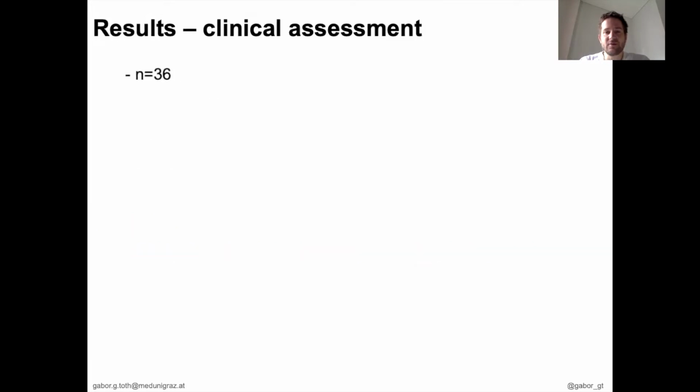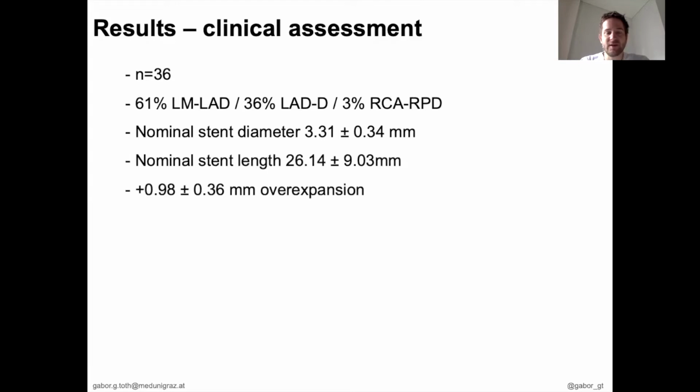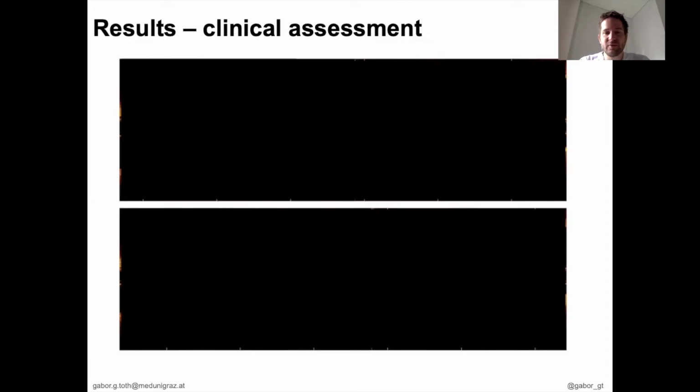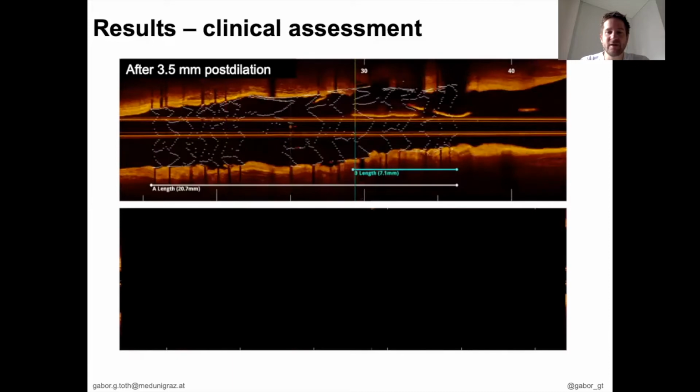In total, we had 36 cases, mainly in left main or in LAD diagonal bifurcation, with a nominal stent diameter of 3.3. These stents were on average post-dilated or potted with +1 mm. And I would like to show you first a typical case from our cohort, the patient with LAD diagonal bifurcation, here the wire demonstrates as well as the turquoise line where the proximal main branch ends.